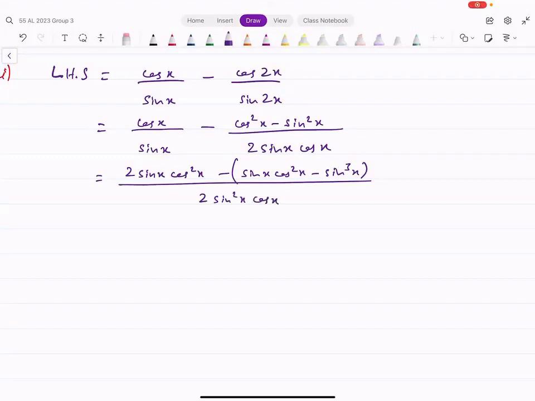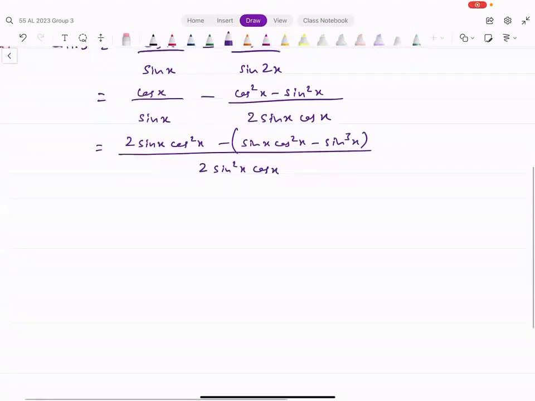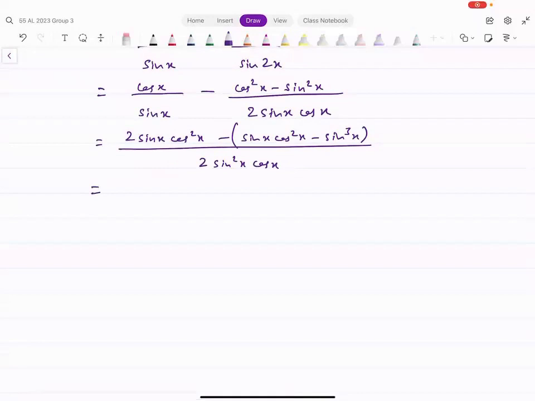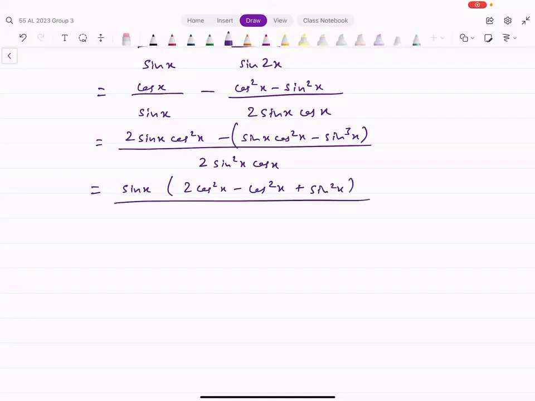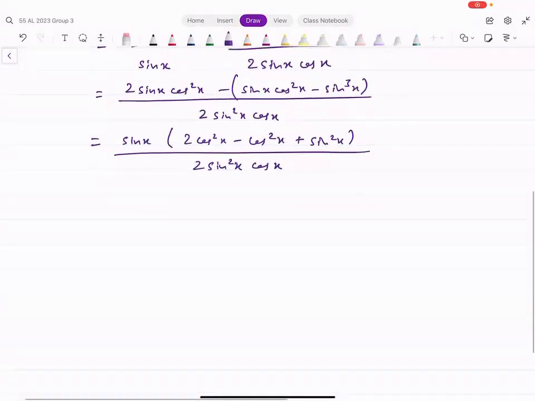Any problem with this? ये क्लियर है? अच्छा, अब देखते हैं इसको सिंप्लीफाई करें कुछ. न्यूमरेटर में हम साइन कॉमन ले सकते हैं. Let's do that. Sin x कॉमन ले लें. What are we left with? 2 cos square x minus cos square x plus sin square x divided by 2 sin square x cos x.